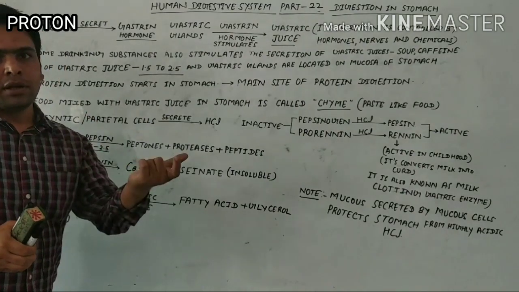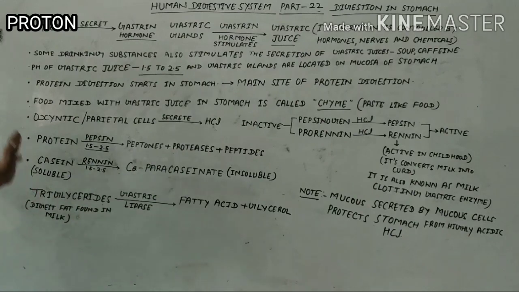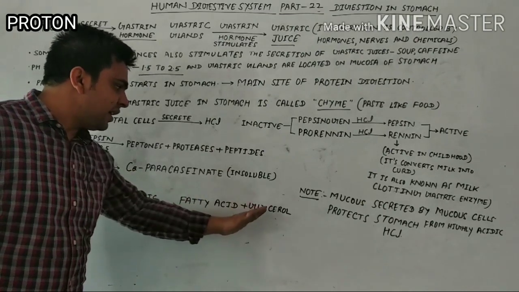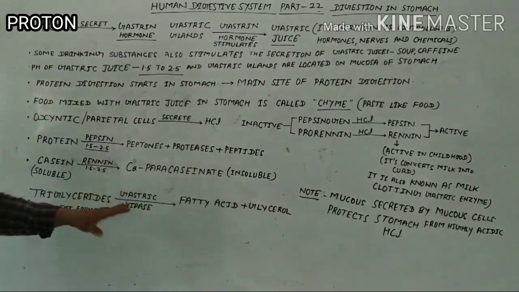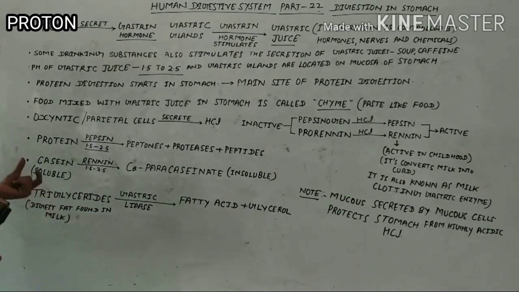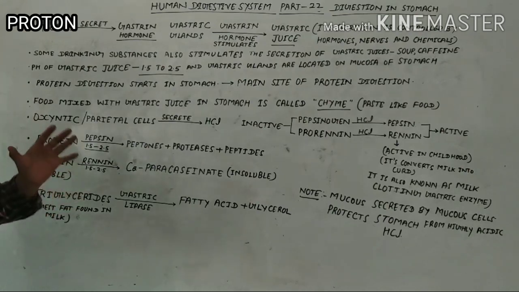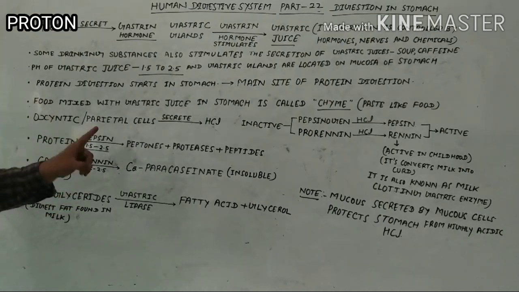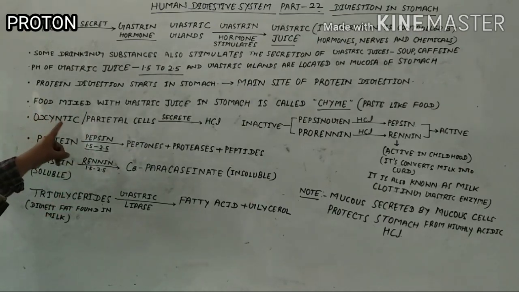So students, I want to tell you that triglyceride, which is the fat found in mother's milk, is converted into fatty acid and glycerol with the help of the enzyme gastric lipase. A very short amount of fat gets digested in our stomach, because our stomach is the main site of protein digestion, not fat digestion.